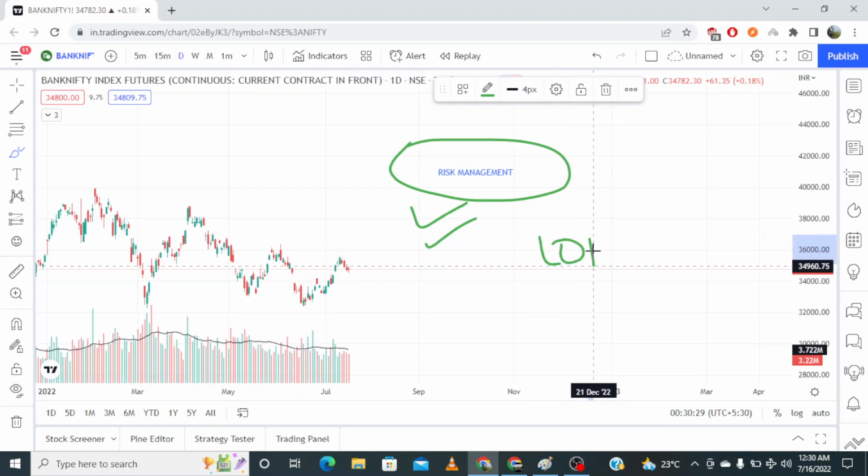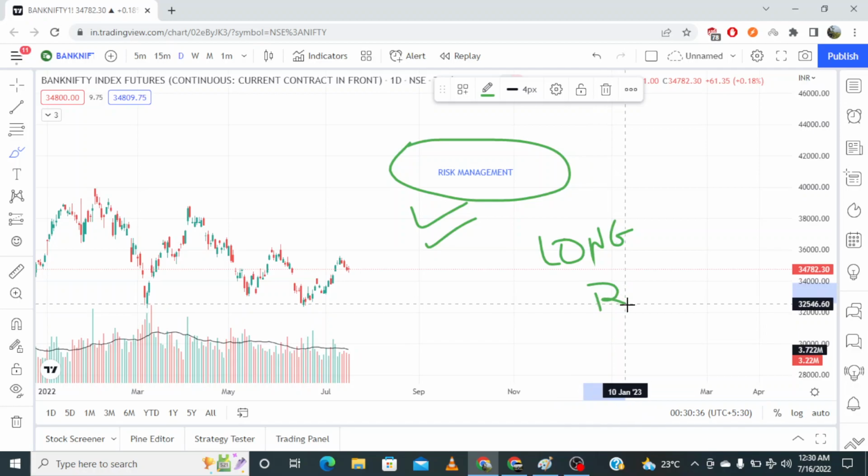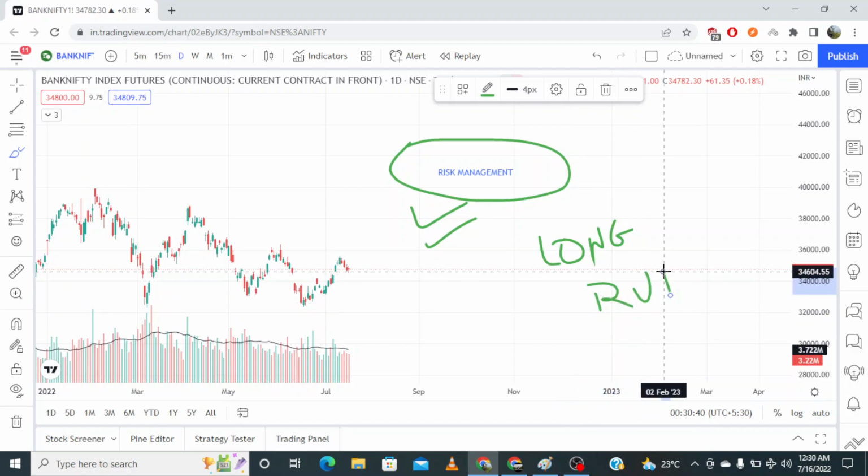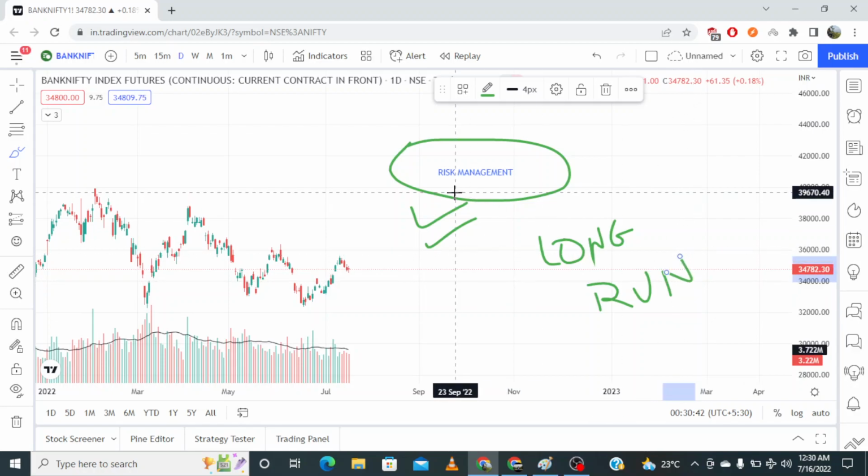I'm saying over the long run. Please don't think the market will give you money in one day. That's not what the market does. Market will give you money only if you do the right things.